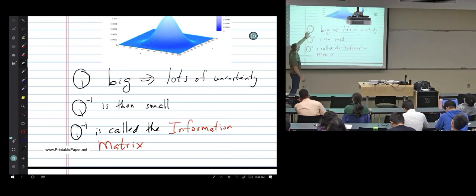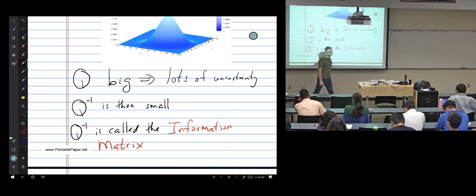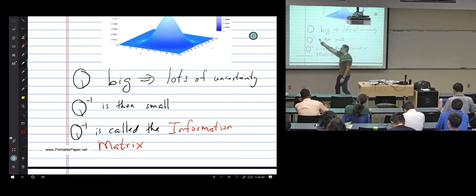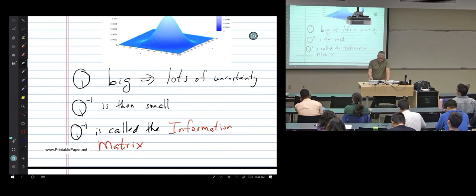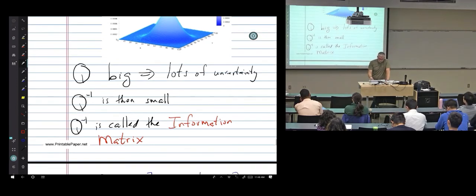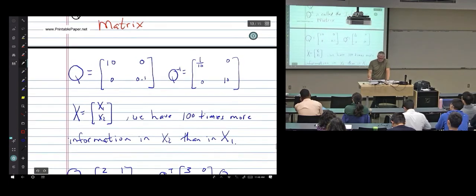That's what this factorization of Q as an orthogonal matrix times a diagonal matrix times the orthogonal matrix transpose does. It gives you directions of this matrix with the uncertainty, which corresponds to linear combinations of the original random vectors that have higher uncertainty all the way down to the lowest amount of uncertainty. Or you could say the highest information down to the lowest information when you look at the inverse.